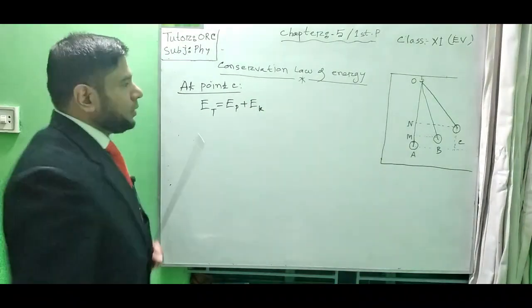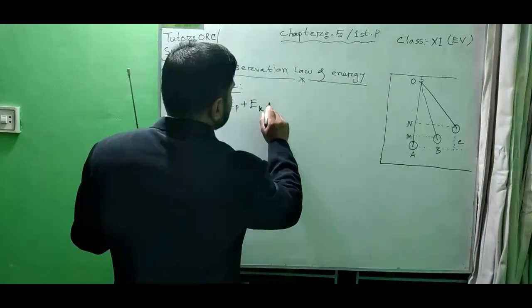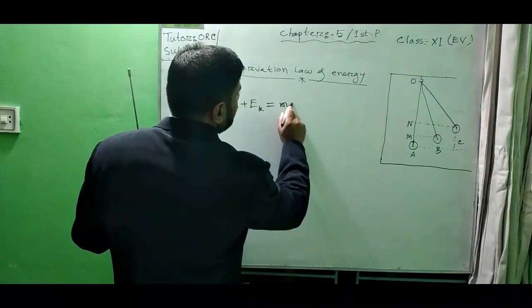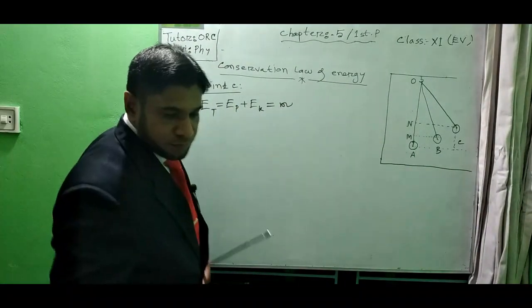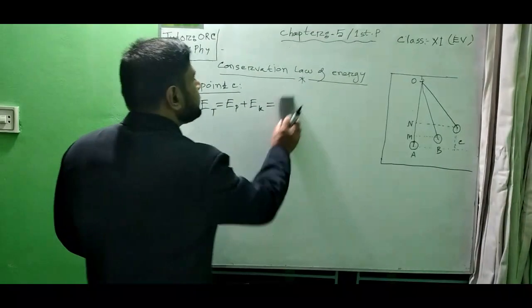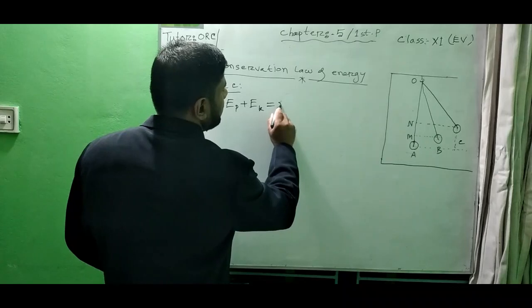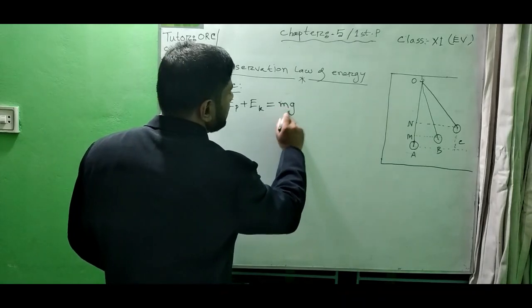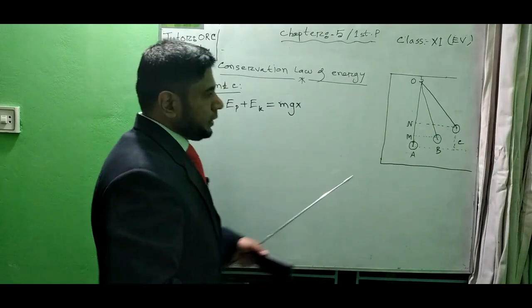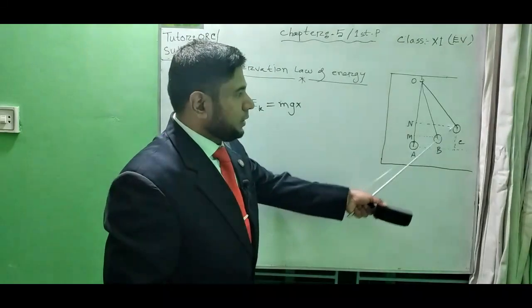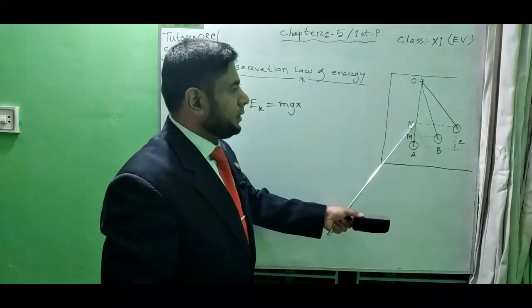The value of the potential energy will be mg into the vertical displacement, here AN.